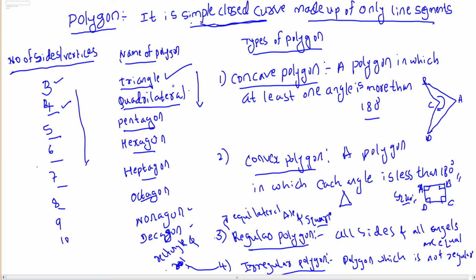Now understand what a polygon is. It is only a simple closed curve made up of line segments.